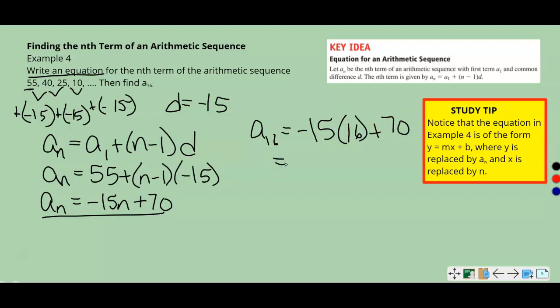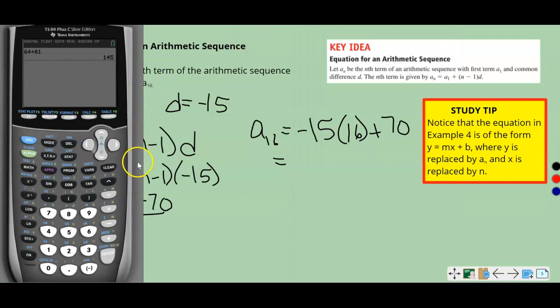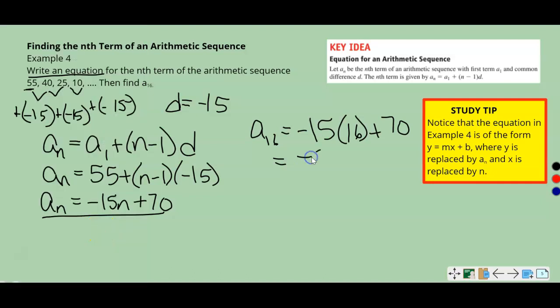All right, so we've got -15 times 16 is going to be -240.